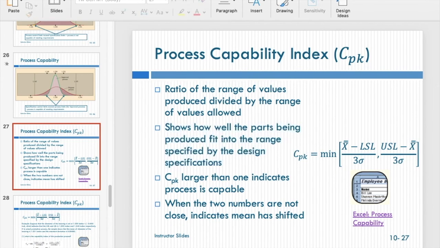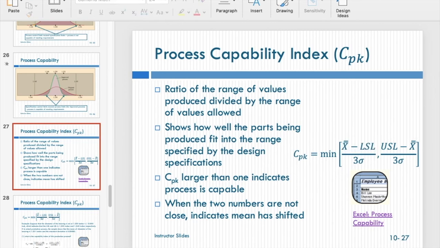And then normally, after calculation, here we have the formula. Basically, CPK is the minimum number between these two different things, all right? X double bar is the mean of the real production process. LSL is the lower specification limit, USL is the upper specification limit, and sigma is the standard deviation.